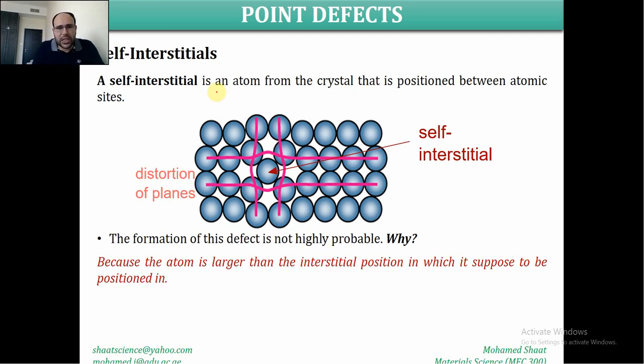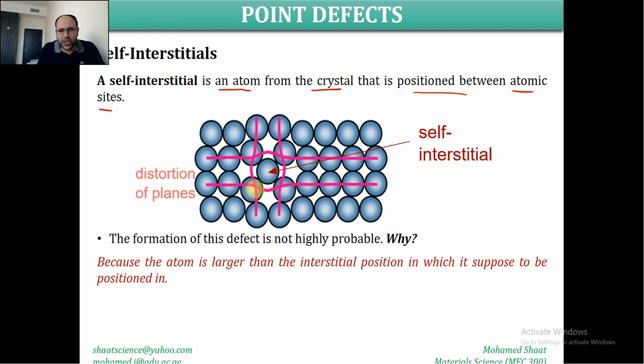So a self-interstitial is an extra atom from the same crystal that is positioned between atom sites. Like this is an atom site, another atom site, another atom site, and you squeeze something in the middle. As shown here, once we squeeze this atom between these atom sites, this definitely is going to result in some distortion in these crystallographic planes, these planes of atoms.